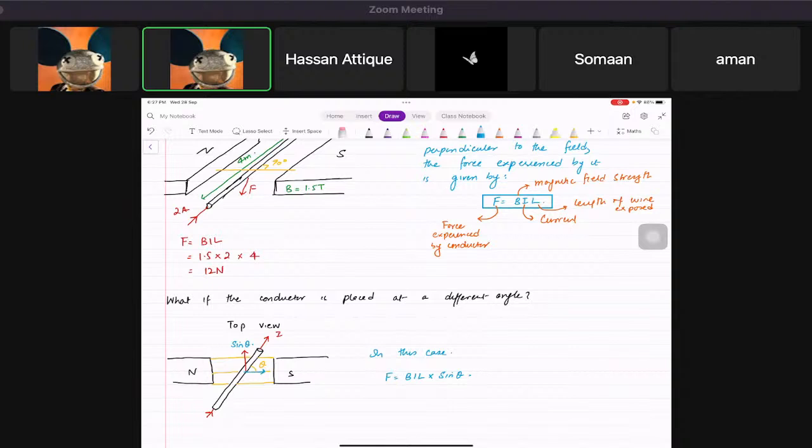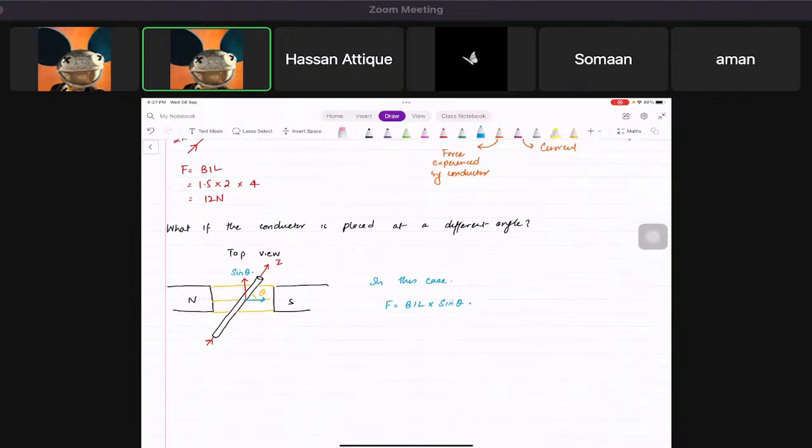Now, interesting fact is that on the parallel side, there will be no force, and the reason is because the angle will be 0 then, and if it's completely parallel, sine 0 is 0, so the whole equation becomes 0.